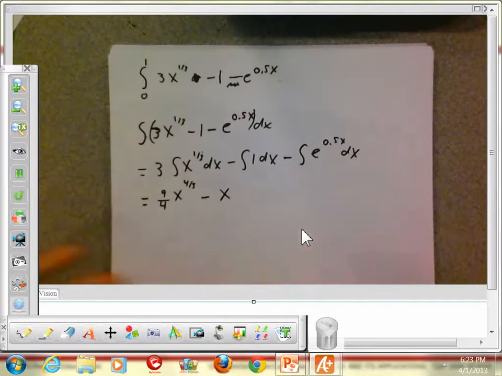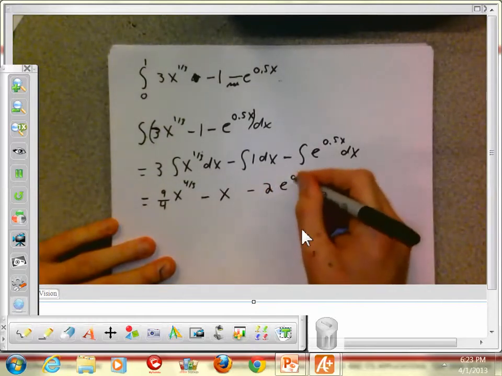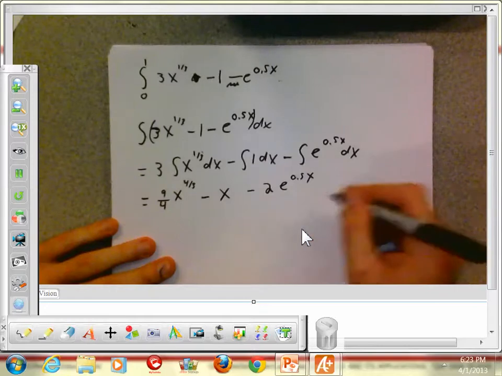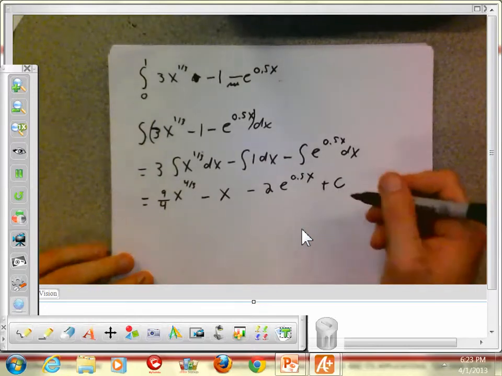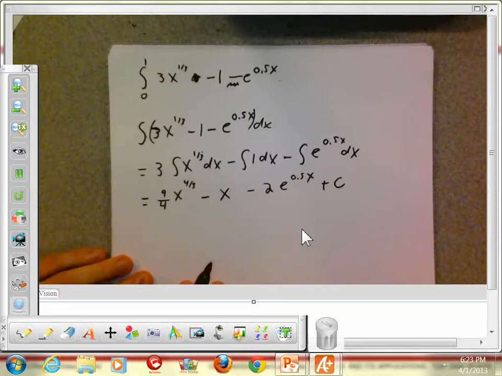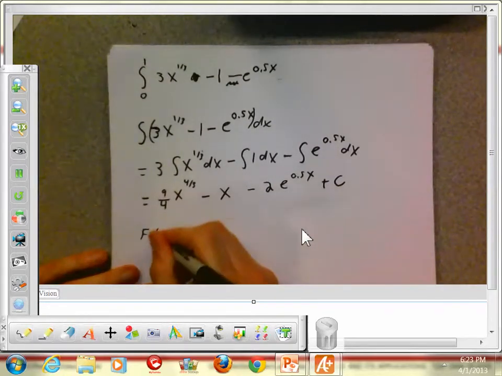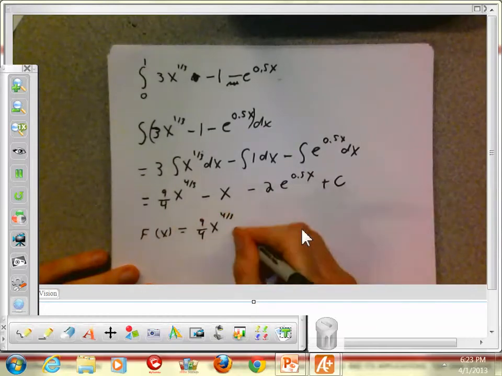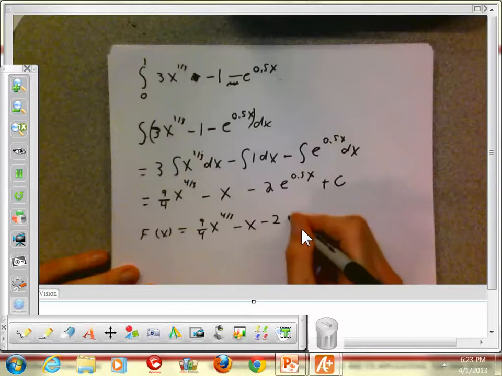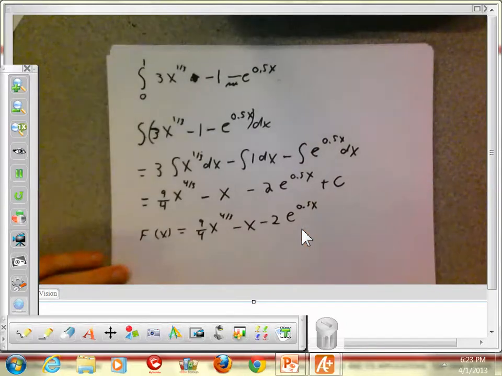All right, so this is going to be minus 2 e to the 0.5x plus c. I don't need the c on there because any one will work. I can let c be 0. And I have f of x is equal to 9 over 4 x to the 4/3 minus x minus 2 times e to the 0.5x, right? That's an antiderivative. I can let c be 0.